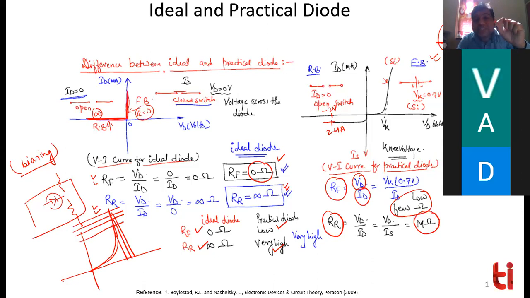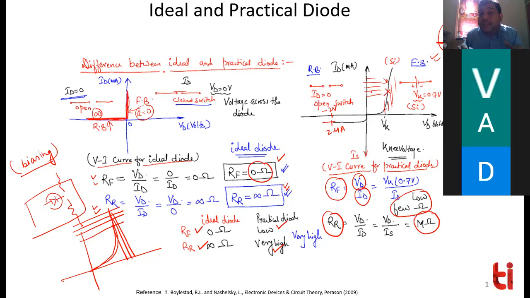So that is known as biasing. On the characteristics of a diode you can have infinite points of current and infinite points of voltage, but in the circuit, on which point is the diode actually working on this curve?